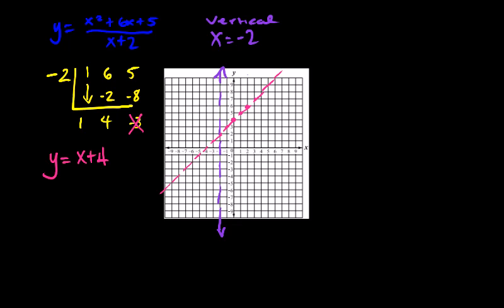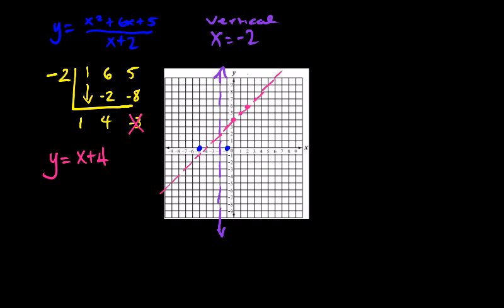X-intercepts would come from the numerator. You could set that equal to 0 and solve it, and I think it would be something to the effect of negative 1 and negative 5. And then you could keep going, and as this thing curves, you'll end up with a nice graph.